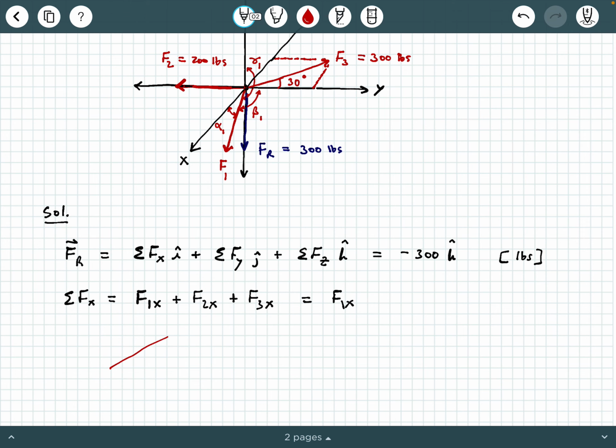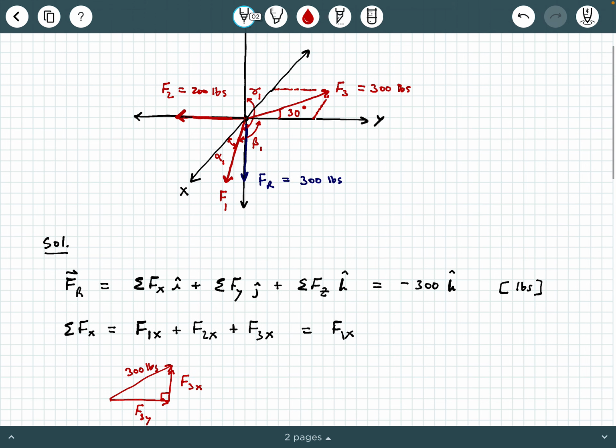I can draw this magnitude here as F3, which is 300 pounds, and I've got my help lines here. There's that right angle. This component is F3y, and this component is F3x.